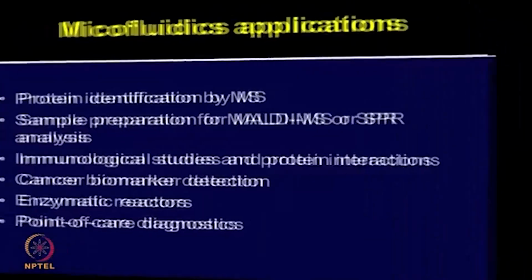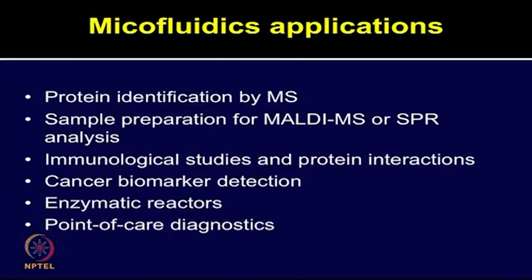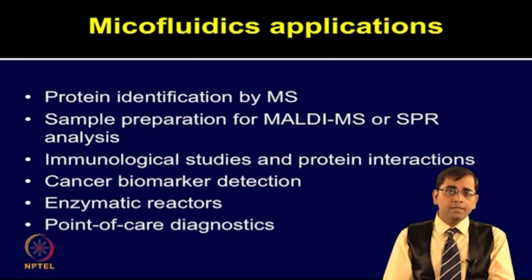Now, let us briefly discuss some of the major applications of microfluidics in proteomics. The protein identification is performed by mass spec. Now, there is an increasing trend of using microfluidic based systems with various proteomic platforms such as mass spectrometry and surface plasmon resonance.